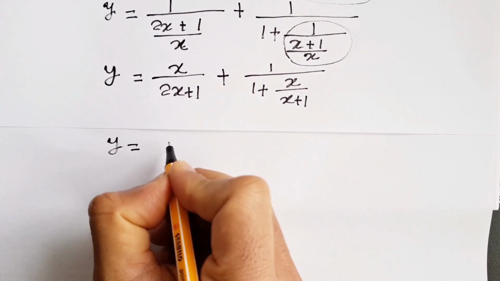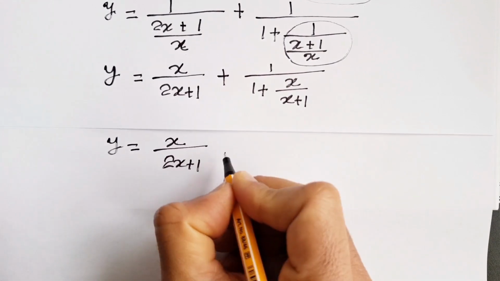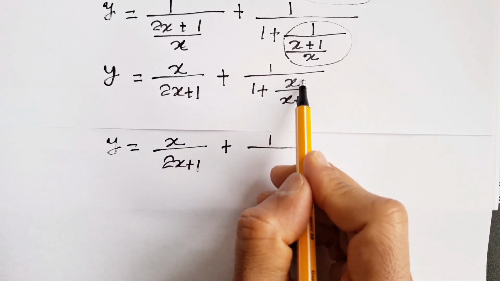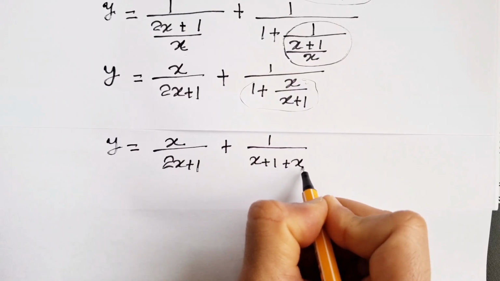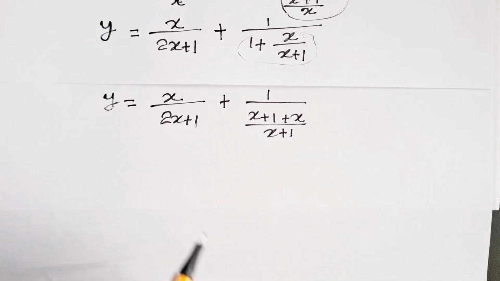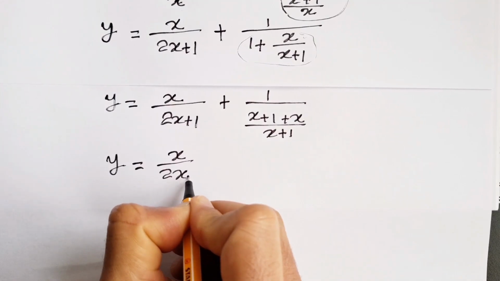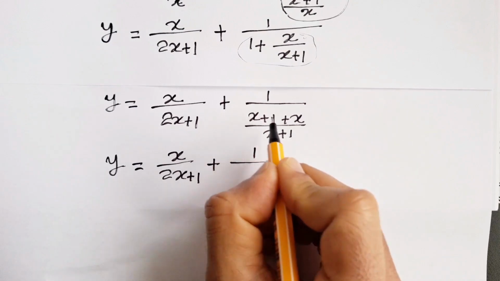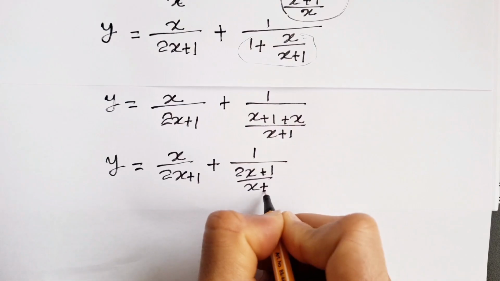Now y equals x over 2x plus 1 plus 1 over, I'm going to simplify this part, x plus 1 plus x over x plus 1. y equals x over 2x plus 1 plus 1 over x plus x, 2x plus 1 over x plus 1.